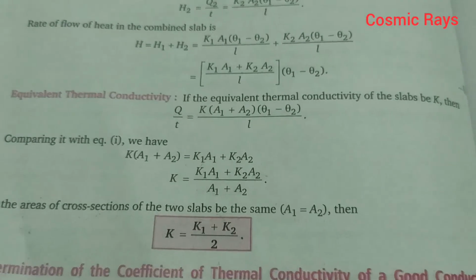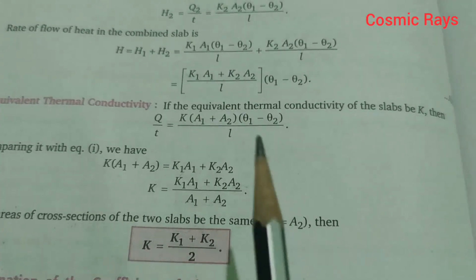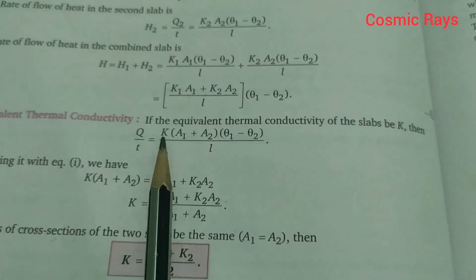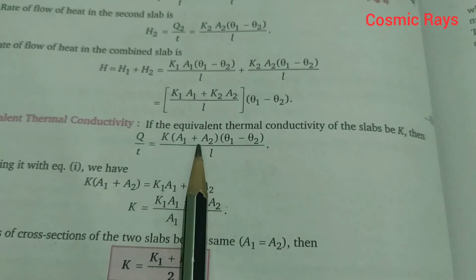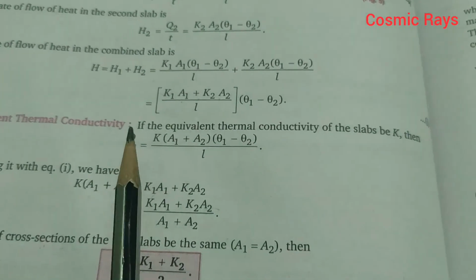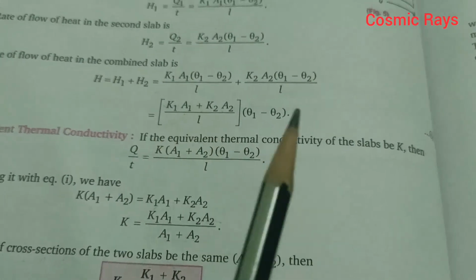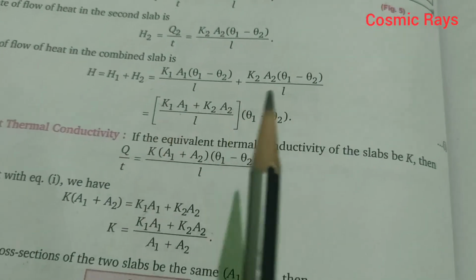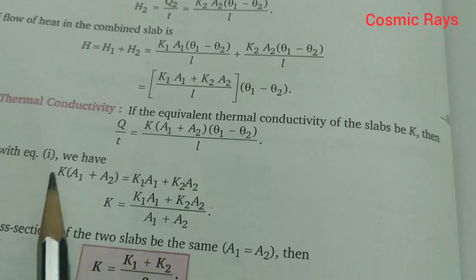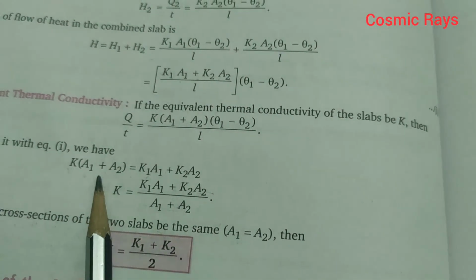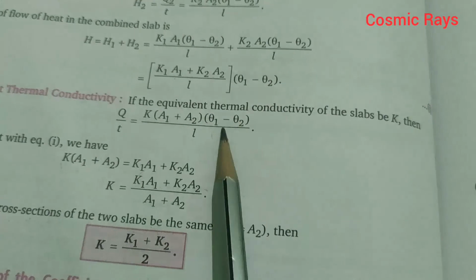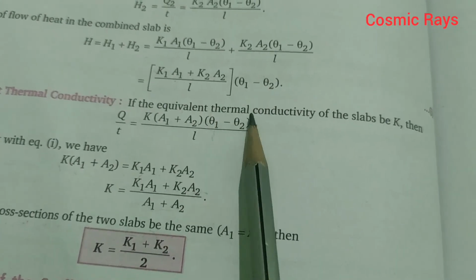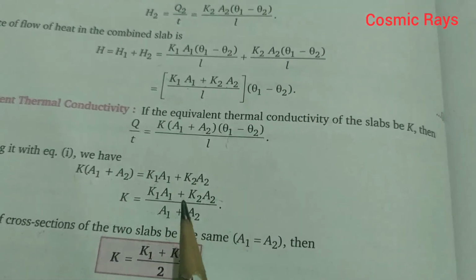Now what will be the equivalent thermal conductivity? That is K. So we substitute this with Q upon T. Comparing this with equation 1, what we get is K(A1 plus A2), because if you equate these two equations, theta 1 minus theta 2 and theta 1 minus theta 2 will get cancelled out.